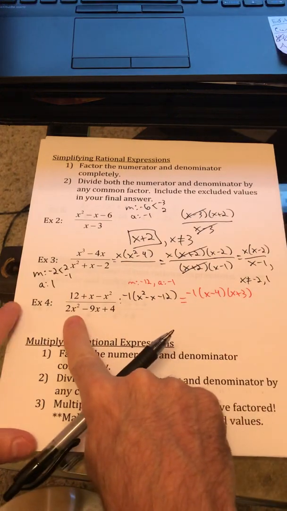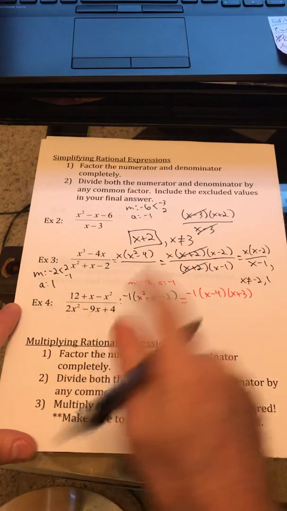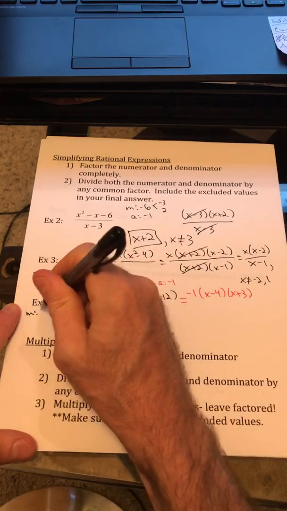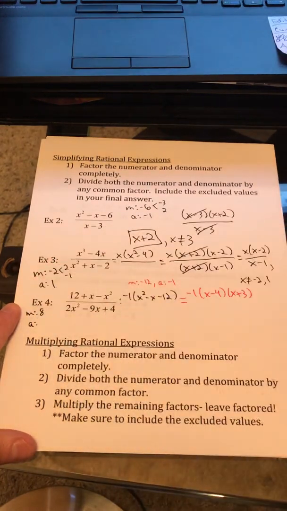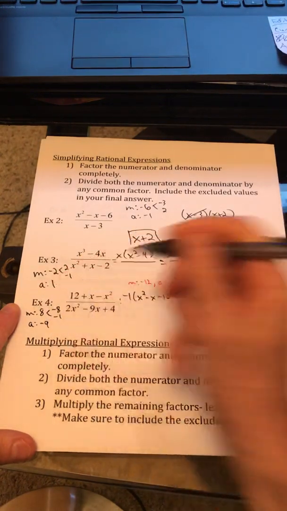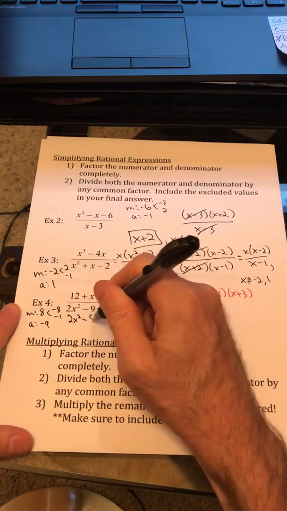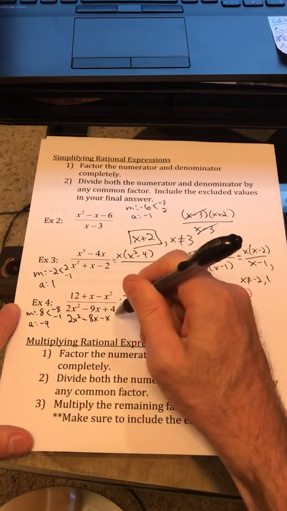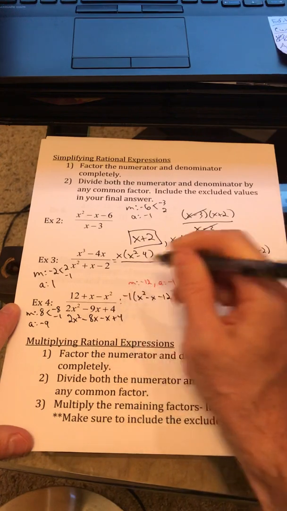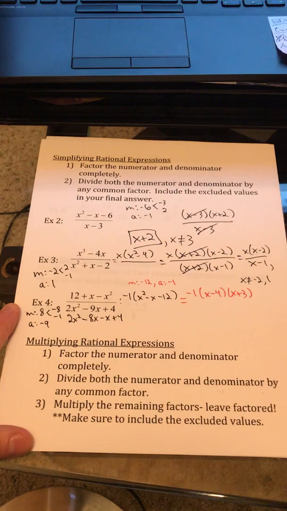Now, for the denominator, because a is 2, we are going to have to split the middle. 2 times 4, so we're looking for what multiplies to 8 and adds to -9. Well, that's going to be -8 and -1. So what I'm going to do to make sure I have room, go ahead and start our factoring here and eventually write it in over there.